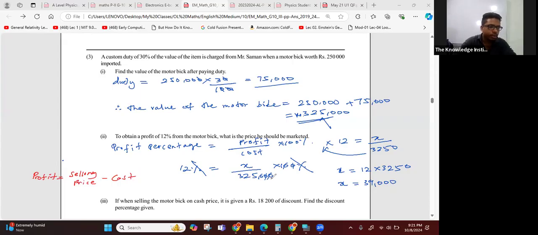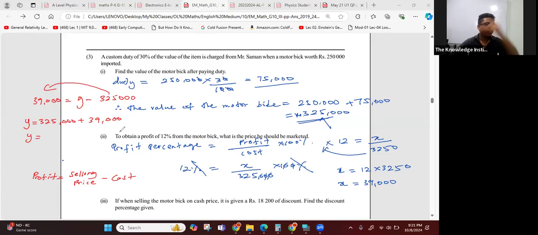So the profit is here 39,000, which equals the selling price, we don't know, let's take it as y, minus total cost 325,000. So take this to the other side. The selling price is equal to 325,000 plus 39,000. So y equals 325 and 39, 364,000 rupees.